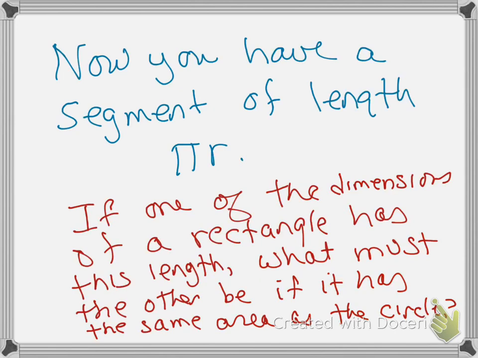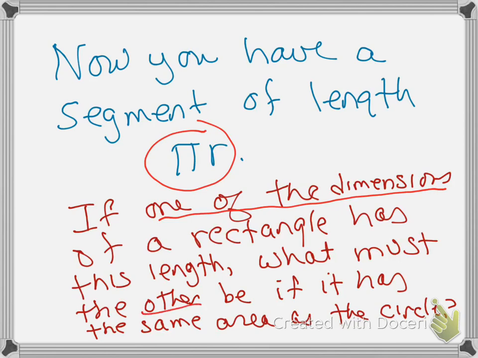So now we have a segment that we called x that had length pi times r. Before we construct a square of area equal to the area of the circle, let's first construct a rectangle whose area is the same as the area of the circle. So let's use the pi times r as one of the dimensions of your rectangle. But what must the other one be?